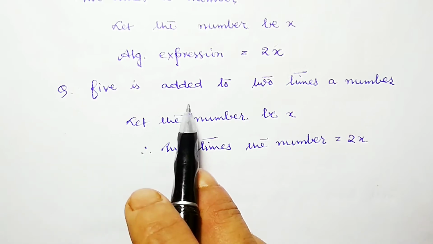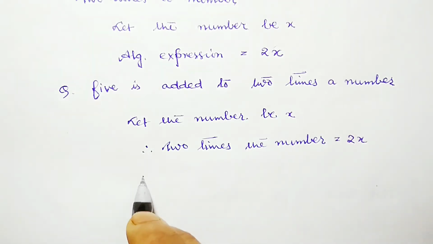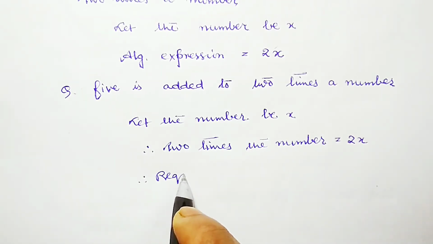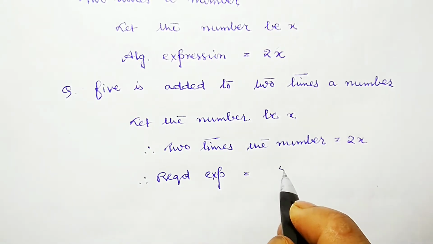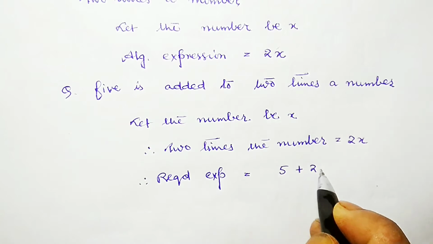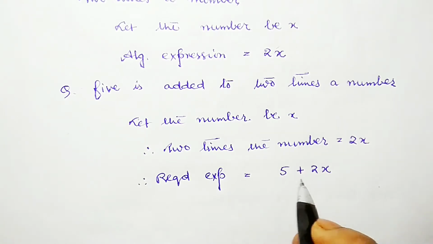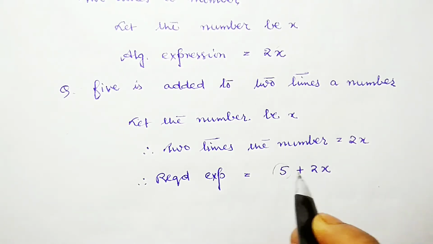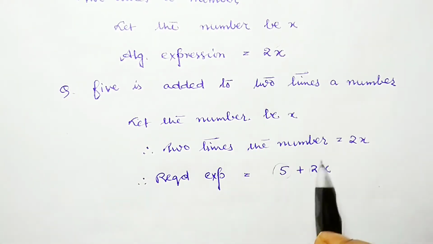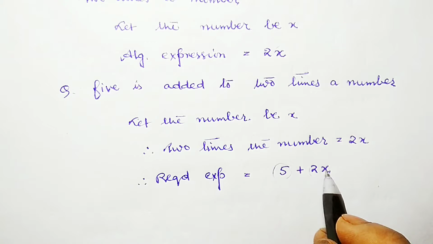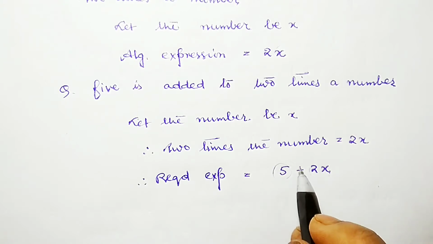Therefore, the required expression is 5 plus twice x. Here this is one term, this is another term. In the previous case only one term was there, but here there are two terms, and these two terms we have joined by this arithmetic operation.